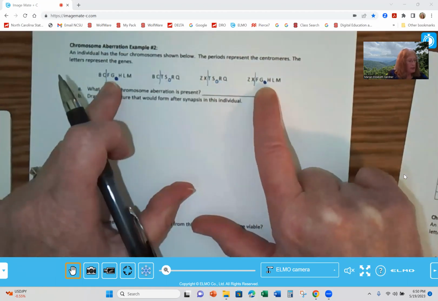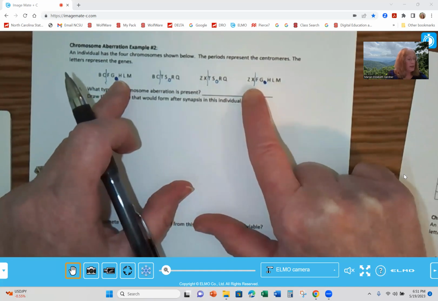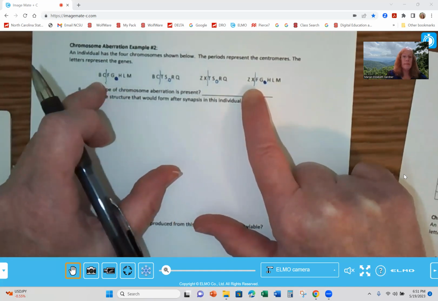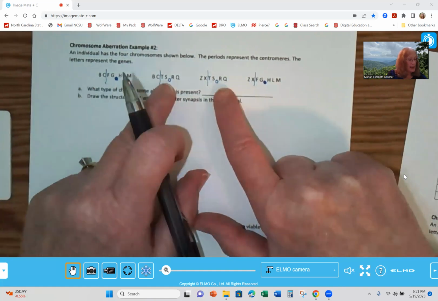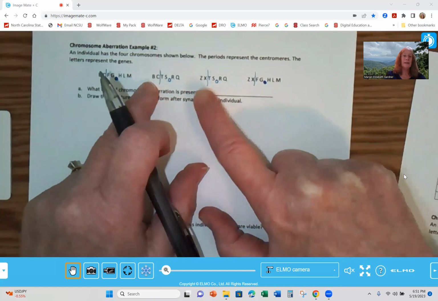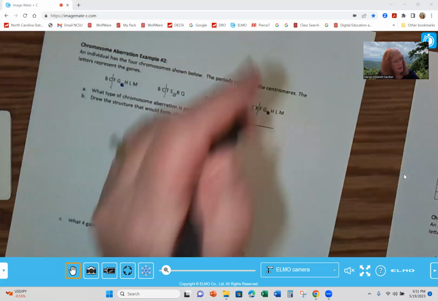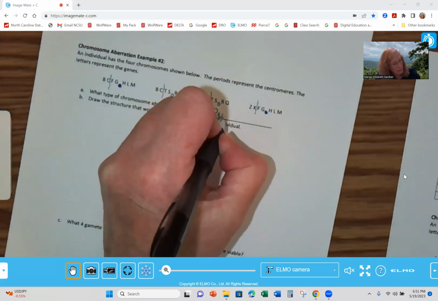See, FG centromere, HLM on the solid centromere, and either ZX or BC. Similarly, TS centromere, RQ, and either BC or ZX. So we have a reciprocal translocation where the BC was moved from one chromosome and the XZ was moved from another, and they switch places. So reciprocal translocation.